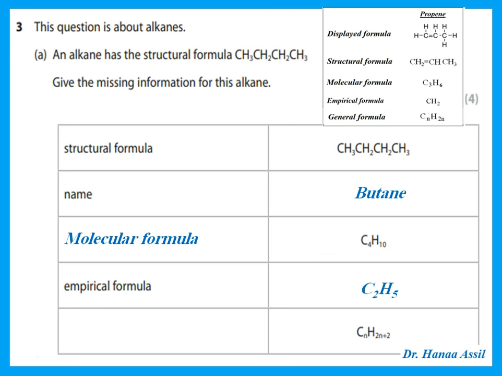That is the empirical formula. And then when we say the formula of something is CnH2n or CnH2n plus 2, this is called general formula. You should know that the general formula of alkanes is CnH2n plus 2, while for alkenes like propene up there, the general formula is CnH2n.